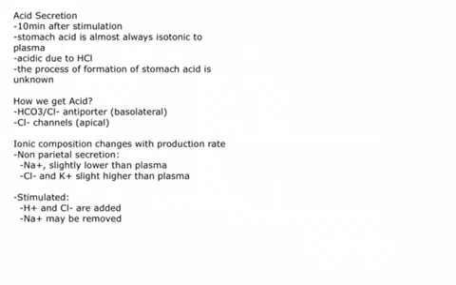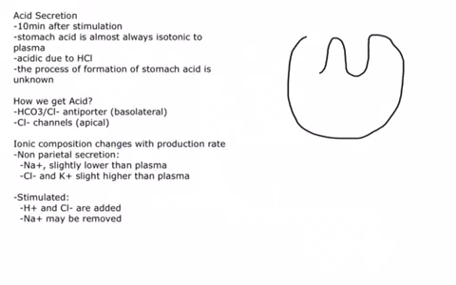So there is a bicarbonate and chloride antiporter at the basolateral end. So if we see this here, we have bicarbonate coming out, chloride coming in, and then we have a channel here at the apical end, and that chloride is coming out.